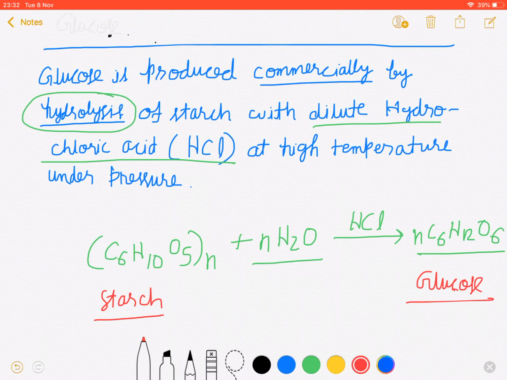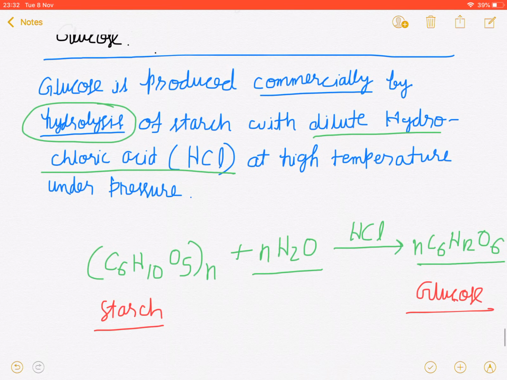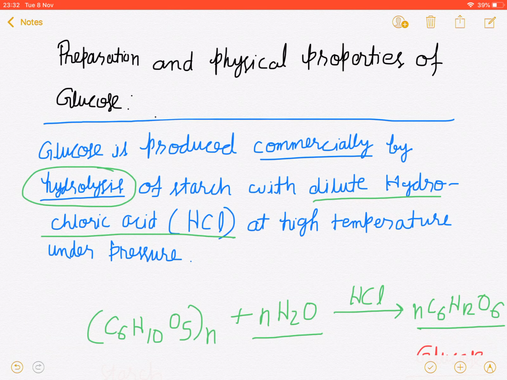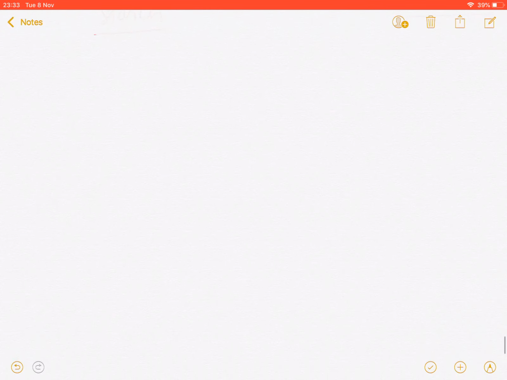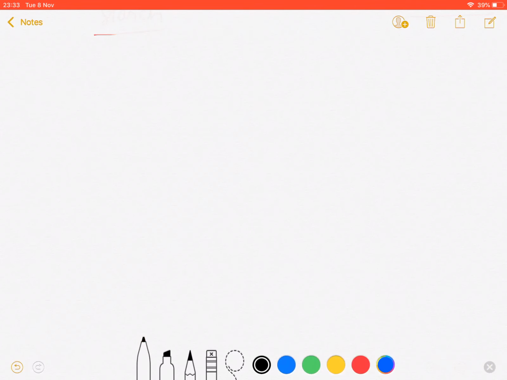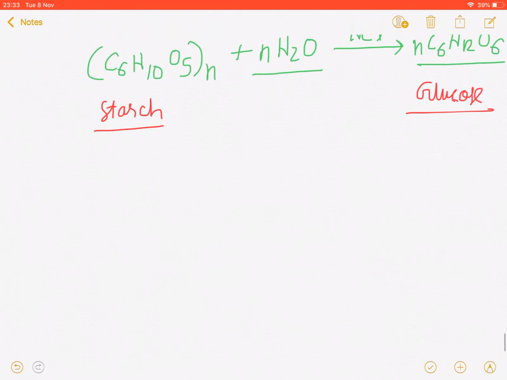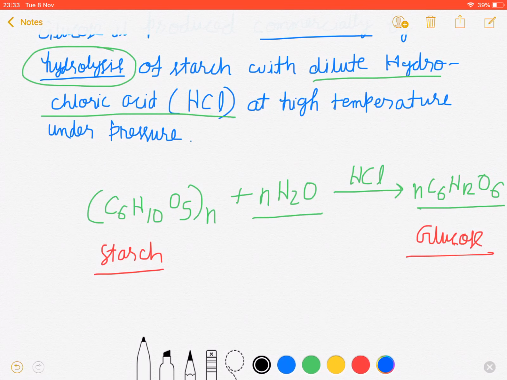Now we're going to take a look at the physical properties of glucose. So what are those physical properties? I will write down the physical properties of glucose.